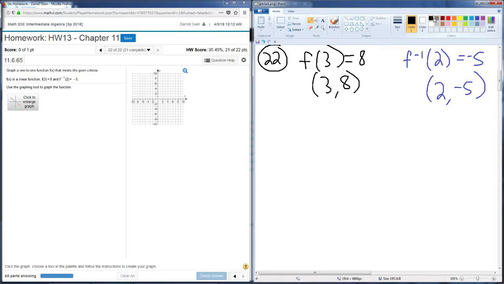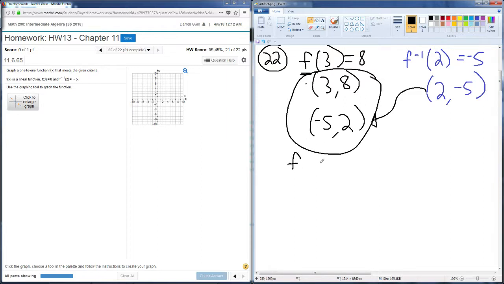But if I want to graph the f function, I'm going to reverse these two: -5, 2. So both of these points are on the f function.